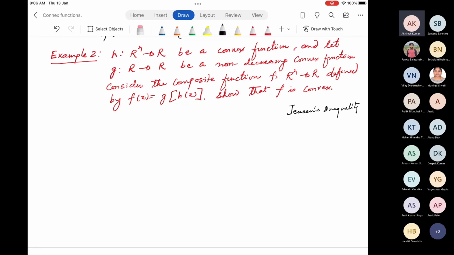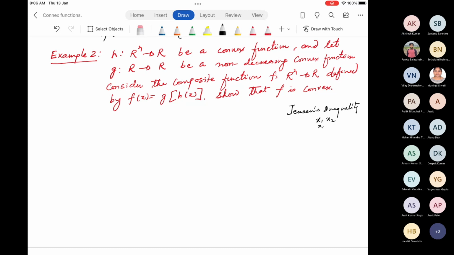We need the functional value of a convex combination of points to be less than or equal to the convex combination of the functional values at each of the points. If we are able to show that, we will be able to prove it is convex.